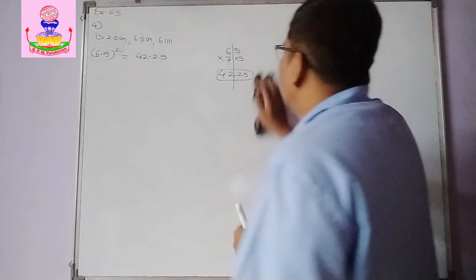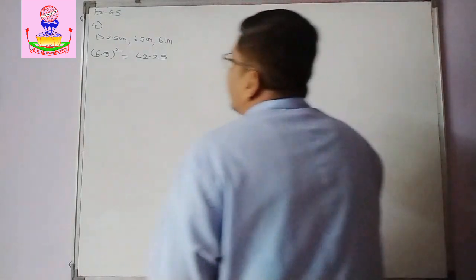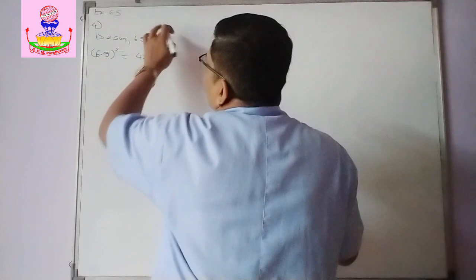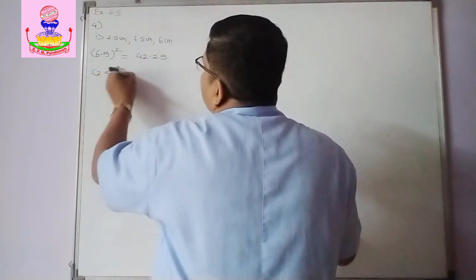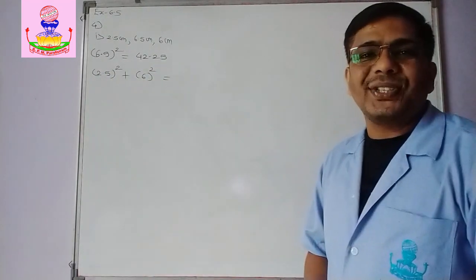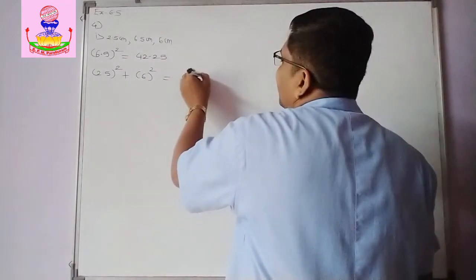Now, let's move to the next. See now, the remaining 2 sides. These are the 2 sides. So we'll find the sum of the squares of the 2 sides. So 2.5 square. 25 square, do I know? Yes, 625.